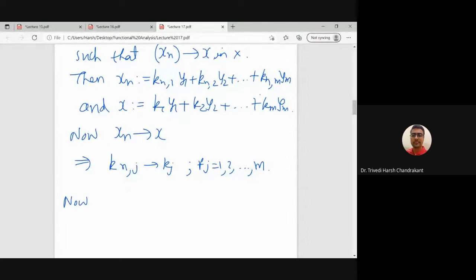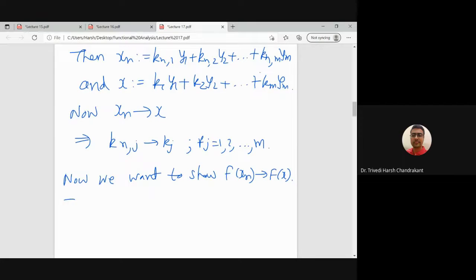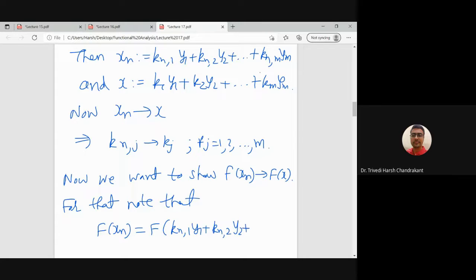Now we want to show f(xn) converges to f(x). For that, note that f is a linear function. So f(xn) is f of kn1 y1 plus kn2 y2 plus ... plus knm ym.